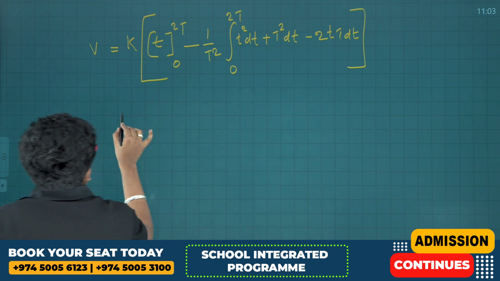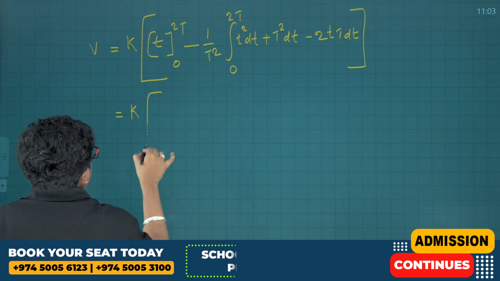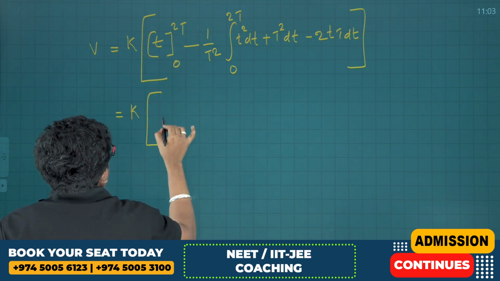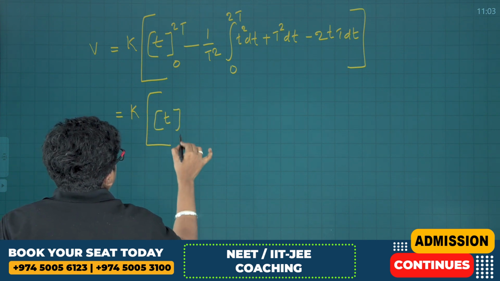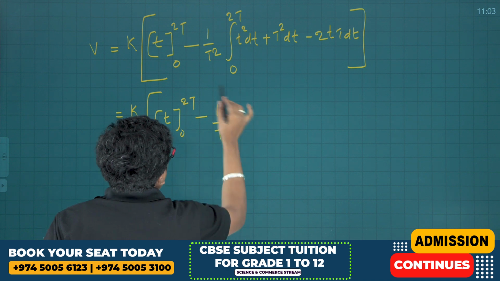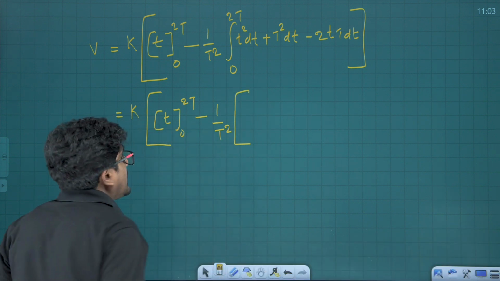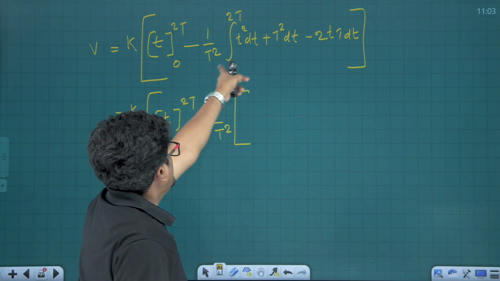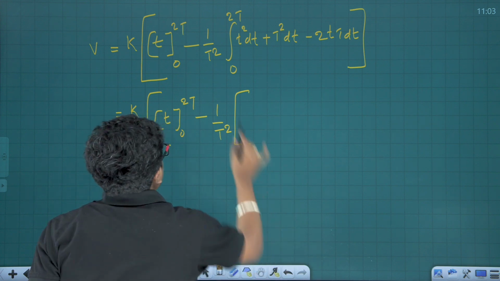Now let me proceed. Here this is going to be again k into small letter t between the limits 0 to 2t minus 1 upon t square. I am not going to apply the limit right now. Let me solve this first.